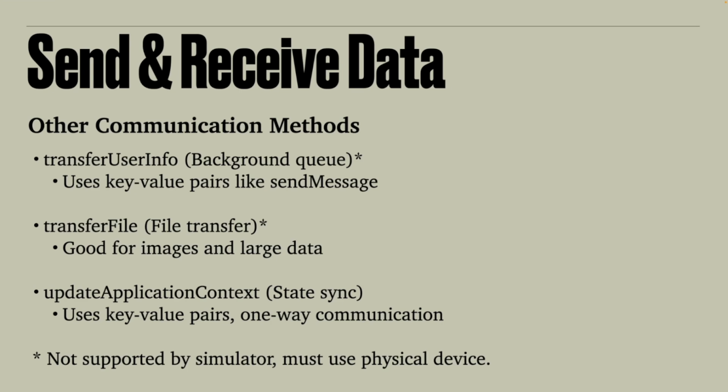Similar to the send message, it uses key value pairs, but it only does a one-way communication. So you do not get a reply with that method. And like I said, the first two you have to use with a physical device. You cannot simulate them. They won't work like that.